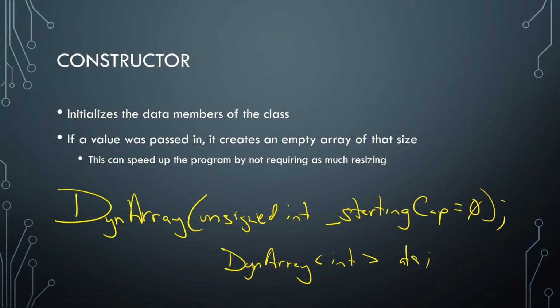So if we have an idea in our application of approximately how many things I am going to have, or some good starting value, then that will mean that we will not need to resize as much, and we can cut down on some of that overhead.